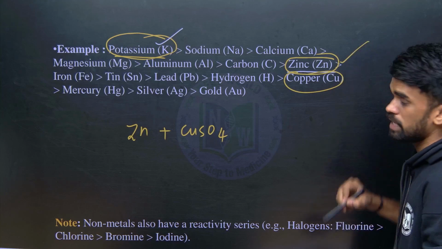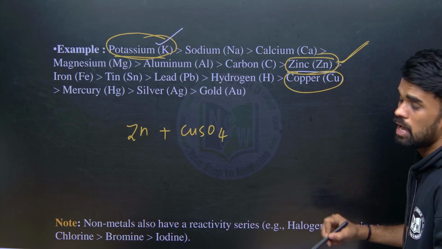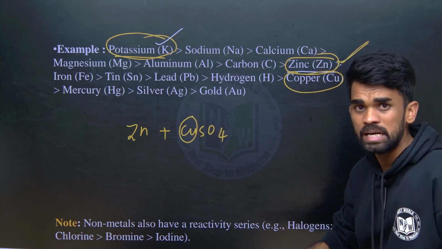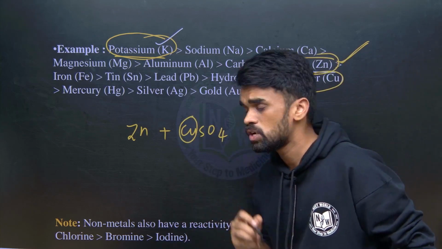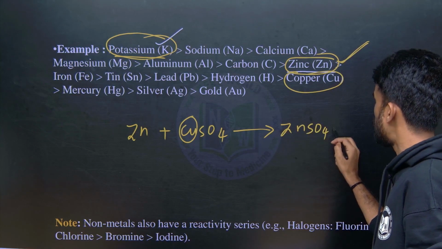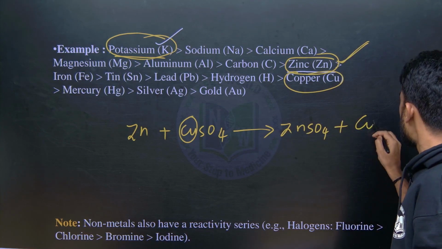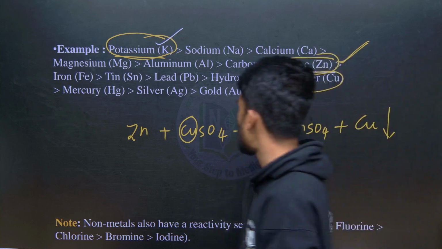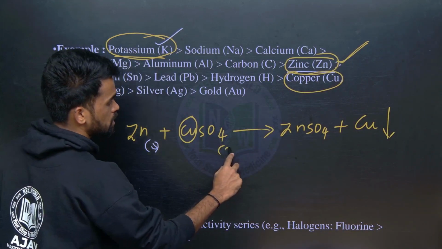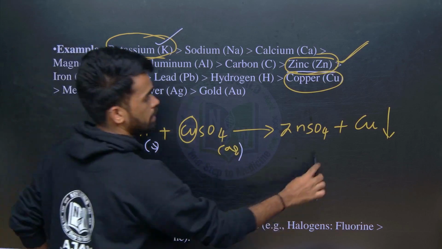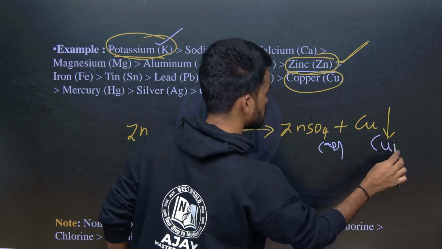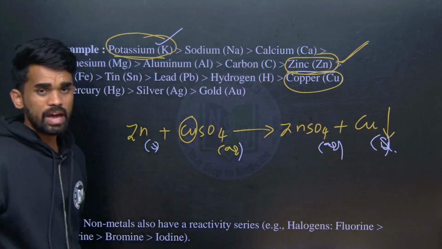Zinc is more reactive, therefore zinc displaces copper ions from its copper sulfate solution, giving us zinc sulfate solution and copper metal is deposited. Okay, this is what we have seen, right? Zinc should be in the solid form, zinc sulfate is in the aqueous state, and copper metal is formed here, so I am writing it as solid. Okay, I hope it is clear.